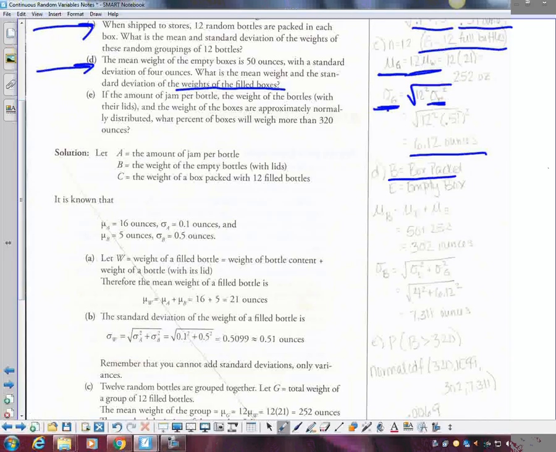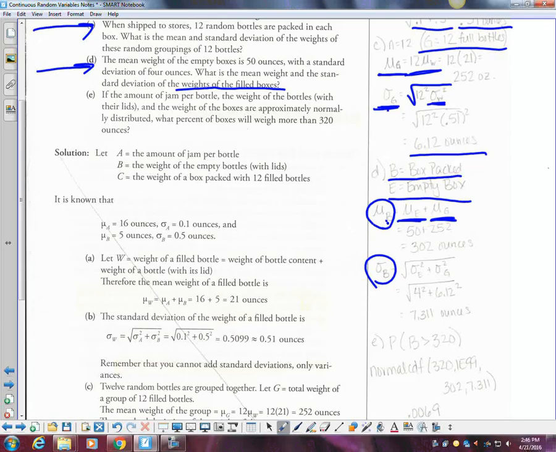We're going to let B be a box that's packed, and E be an empty box. So they want mu sub B, and they want sigma sub B. Well, the average of a box that's packed is the average weight of an empty box plus, who is mu sub G? 12 full jars of jam.